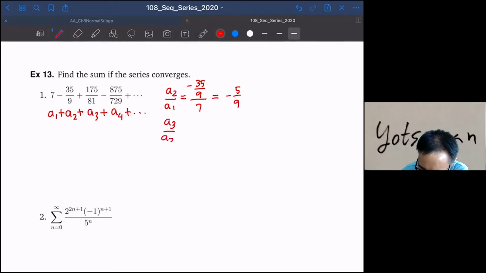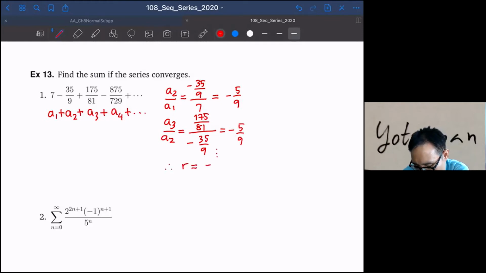A3 over A2 is 175 over 81 over -35 over 9. You get rid of 81 and 9 and 35 and 175, so it's also equal to -5/9. So you get the common ratio R equal to -5/9.